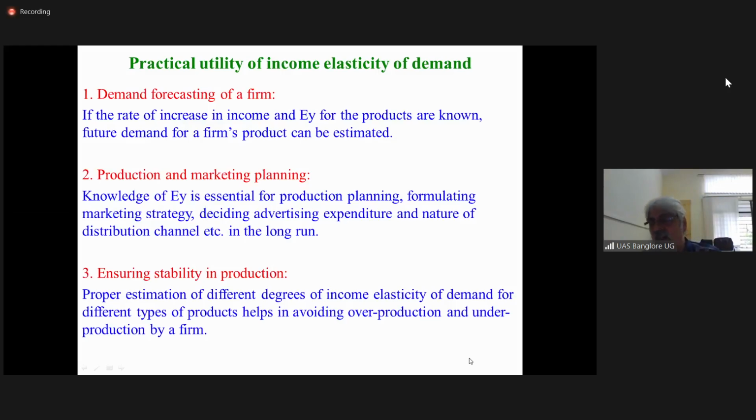We can avoid excess production and not feel bad by producing less when the demand is more. In this way, the concept of income elasticity of demand helps the producers.